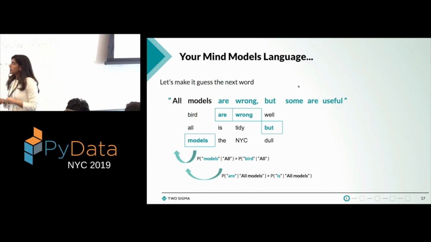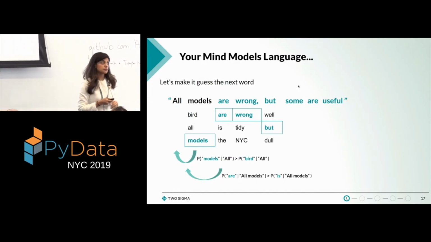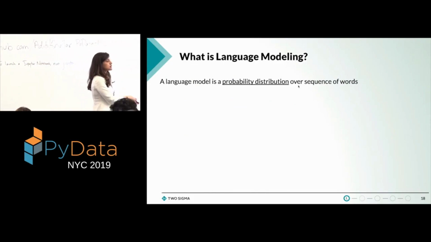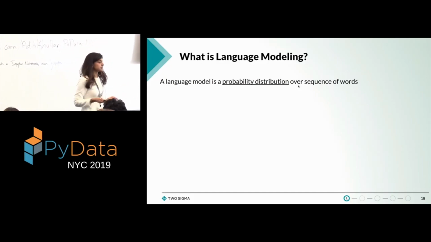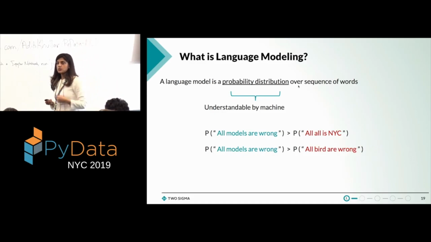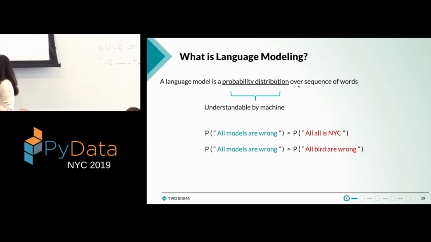Now, what you just did was essentially learn a probability distribution over sequences of words, and that is what a language model is. If your algorithm is good enough to learn that probability distribution, it can also answer questions like the ones you just did. With this, I'll hand over to Eugene, who'll be talking about the present applications.